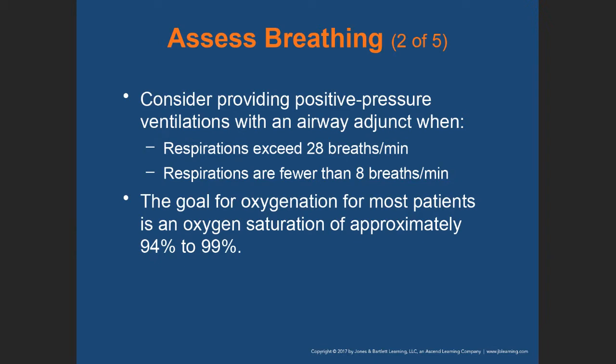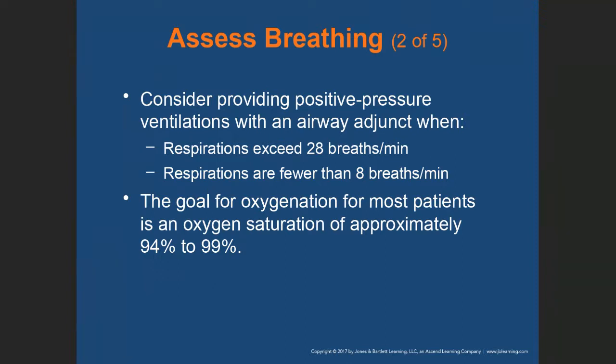Now consider providing positive pressure ventilation with an airway adjunct when the respiration exceeds 28 breaths per minute or is fewer than 8 breaths per minute. However, there must be associated symptoms because we don't only treat rate, right?